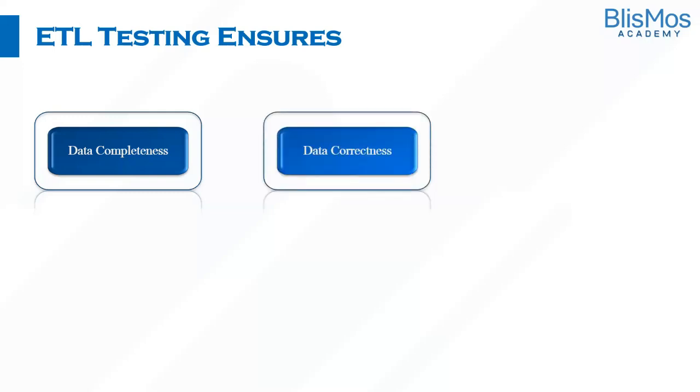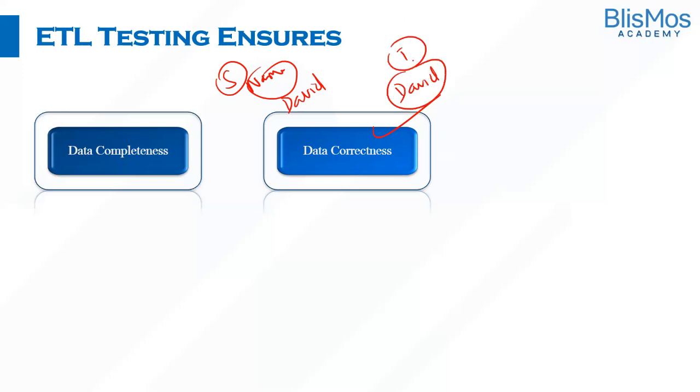ETL testing also ensures the data is correct. Assuming that there is a name in the source, the name is David, and in the target, the name needs to be David if there is no transformation involved there, right? So ETL testing ensures the data is accurate. There should not be any misspellings and there should not be any null values where a value should be there.